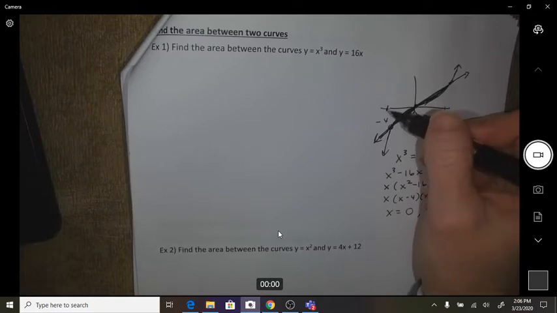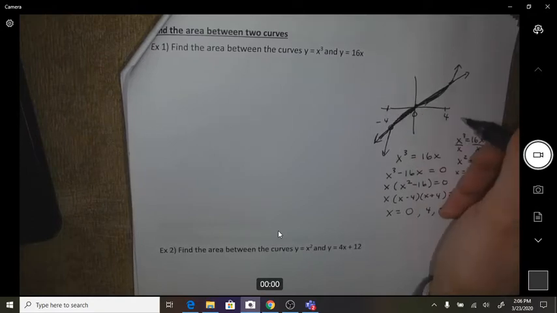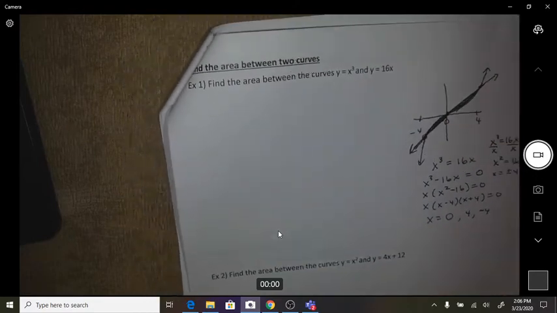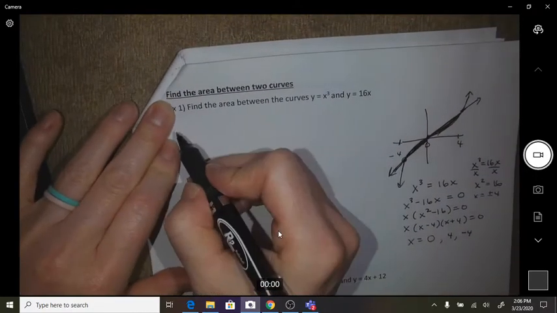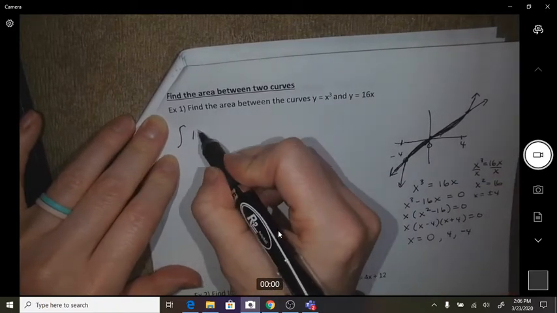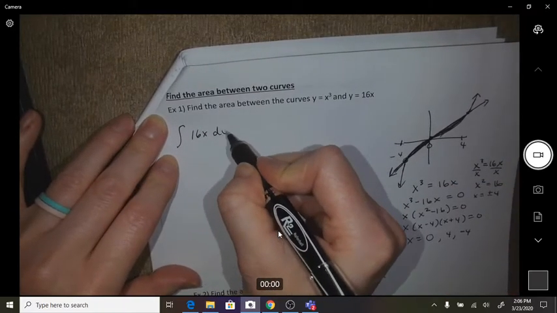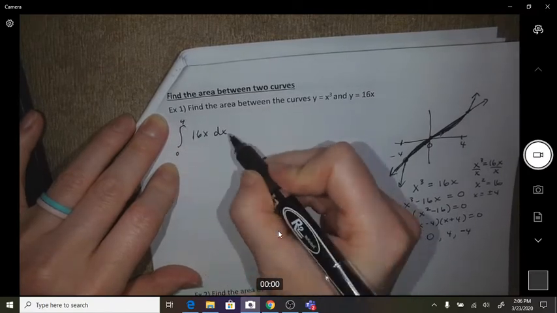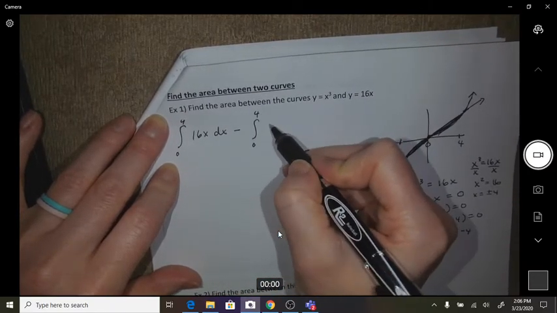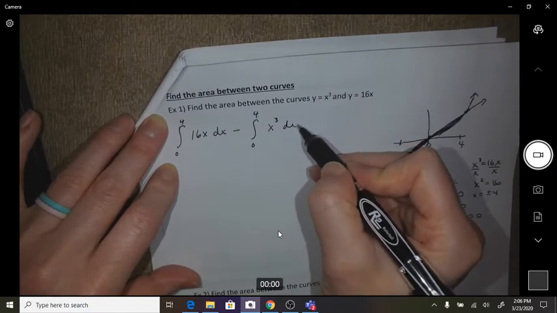We can't just do the area from -4 to 4. You have to treat this like a chunk and then another chunk. So I'm going to do the area under the line from 0 to 4, and I'm going to subtract the area under the cubic function from 0 to 4.